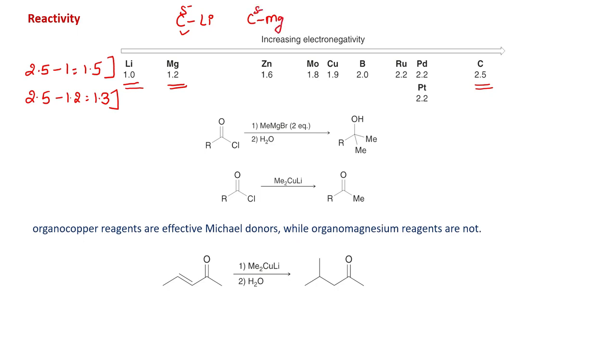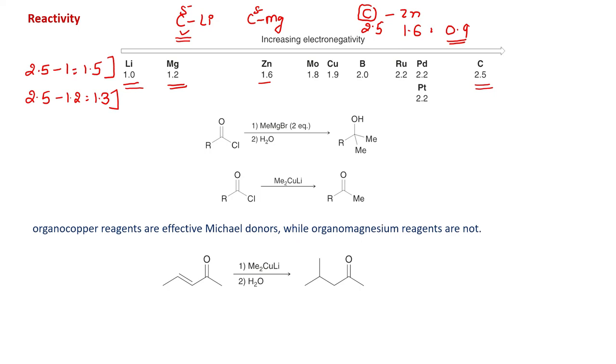You can also compare other metals, like carbon and zinc. Carbon is 2.5 and zinc is 1.6, so you get 0.9. This means the carbon is less nucleophilic compared to the carbon bonded with lithium.